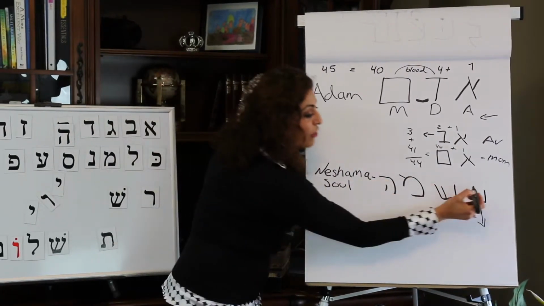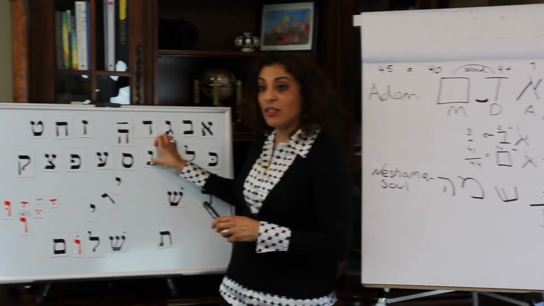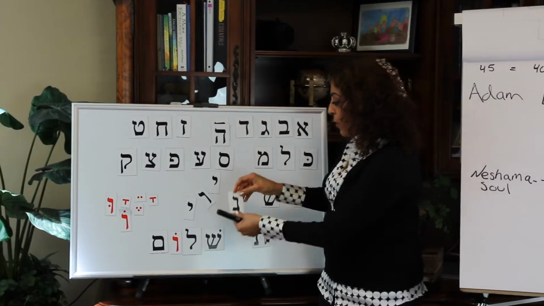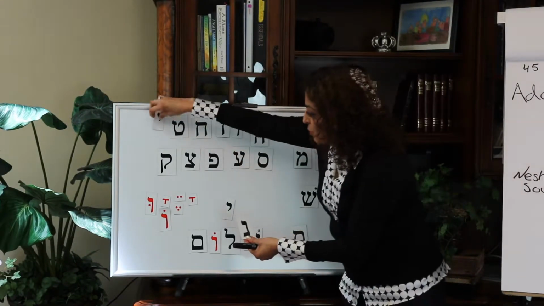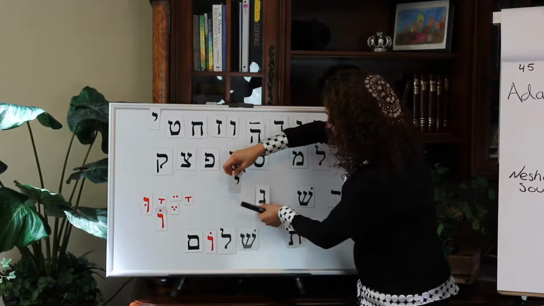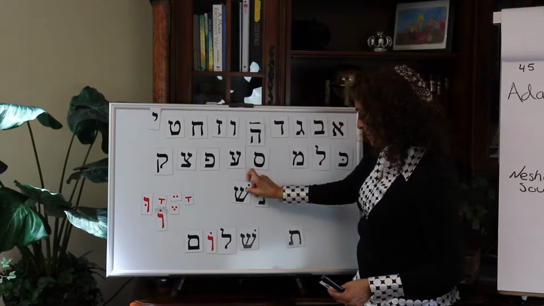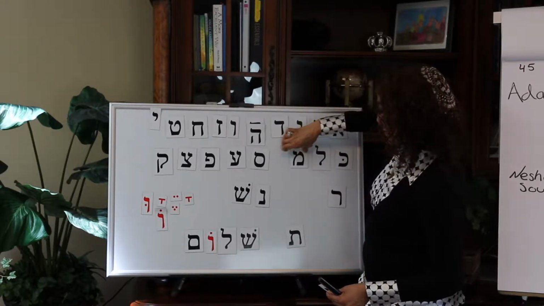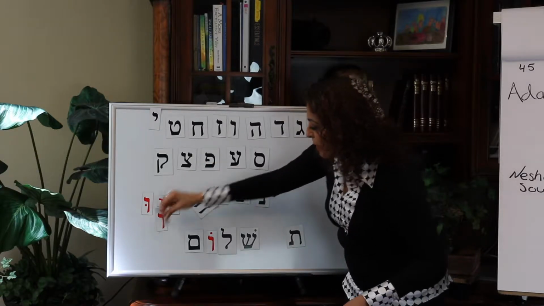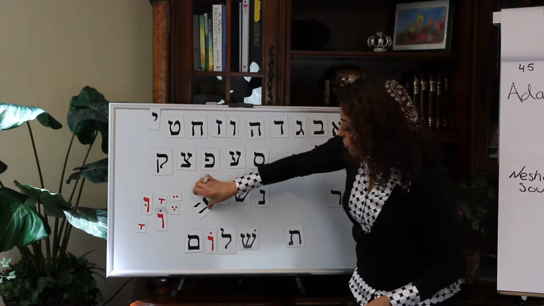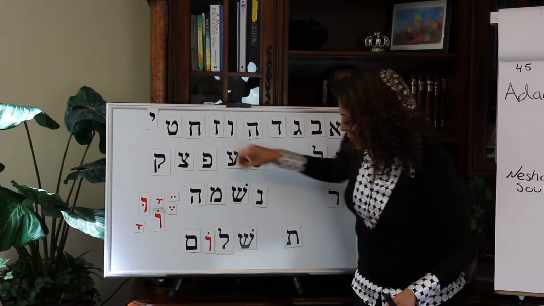I wrote it in not a fancy way, but this is probably more similar to this. This is the nun right here. And I'm going to put it right here also. Let me put this away so then we can pick new words. Ne, sha, ma. Okay, this goes away. Because remember, the vowels don't make a difference as we read. Okay. Neshama.